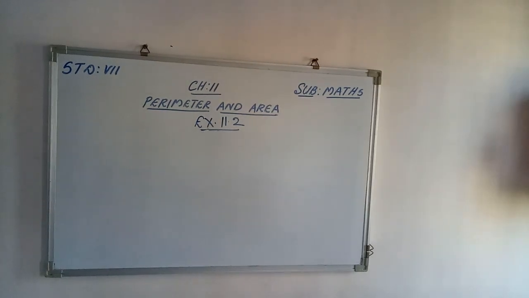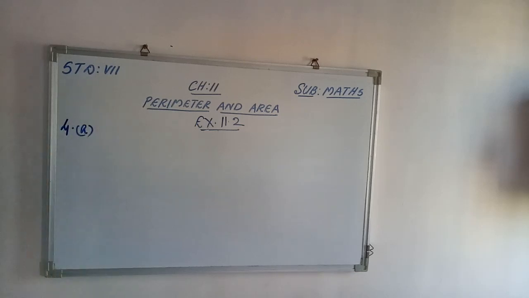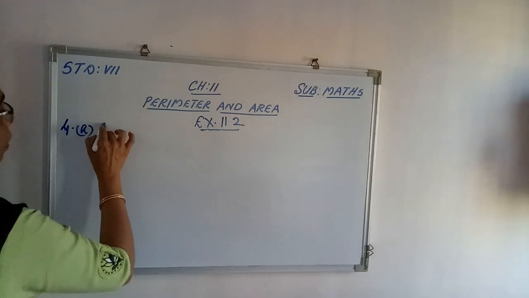Okay, now next question, question 4. In question 4 also, there is a table. In that 3 sub questions are there. You have to find out the missing value. First one, what is given there? Base and area of triangle given.